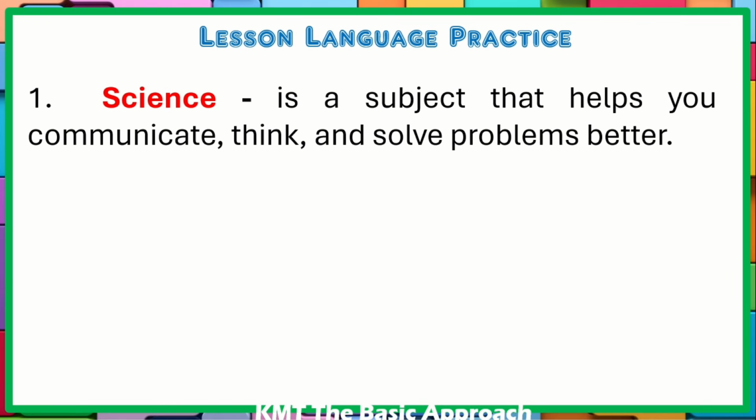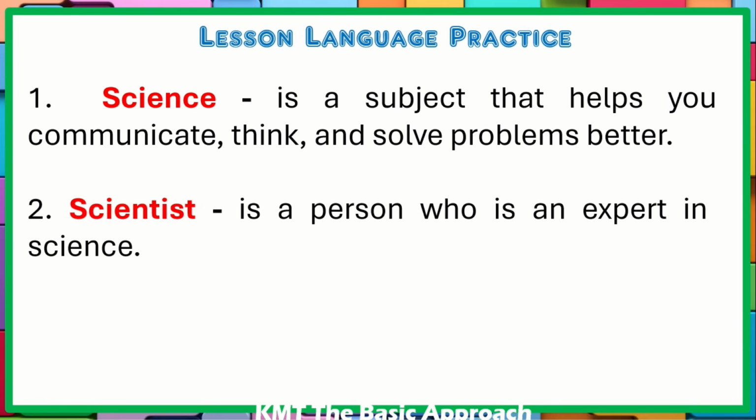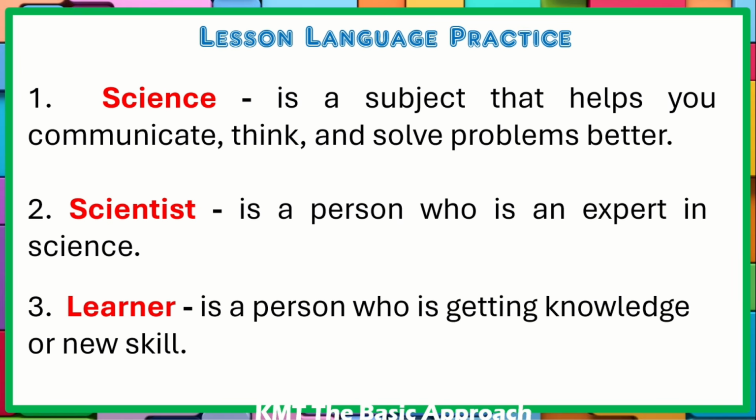Now let's learn the following terms. Number 1, science is a subject that helps you communicate, think, and solve problems better. Number 2, scientist is a person who is an expert in science. Number 3, learner is a person who is getting knowledge or a new skill.